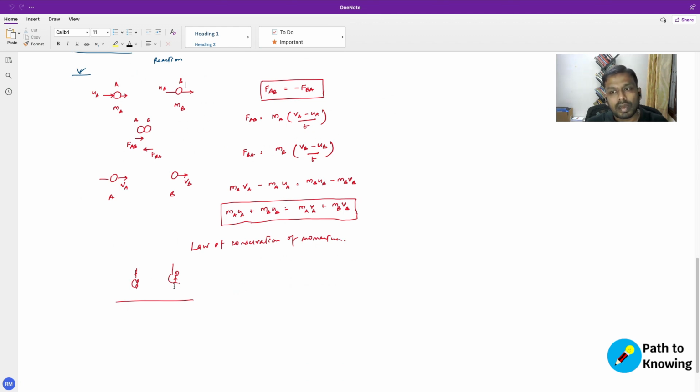An object with higher mass is going to have higher inertia, and an object with smaller mass is going to have smaller inertia. So the inertia of an object depends on its mass. I want you to be clear about that relation between inertia and mass, and that will come in handy as we solve problems in our next section.